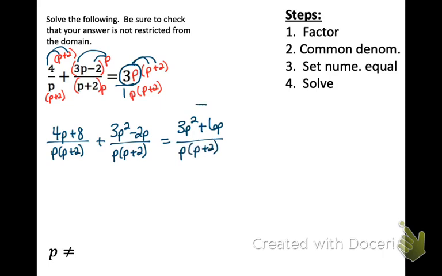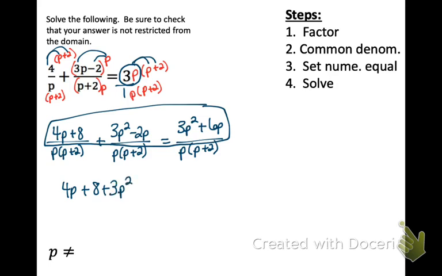Now that I have common denominators, I can set all of my numerators equal. And I can solve. So 4p and negative 2p is going to make 2p.